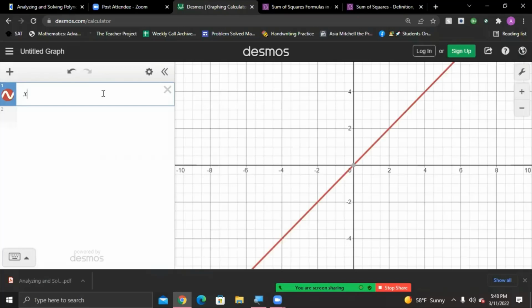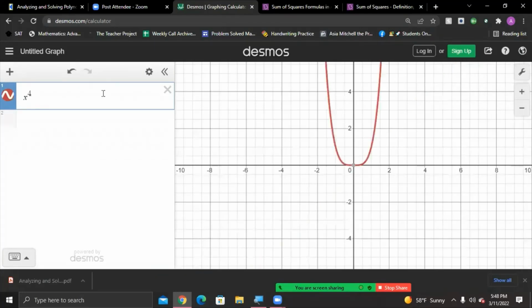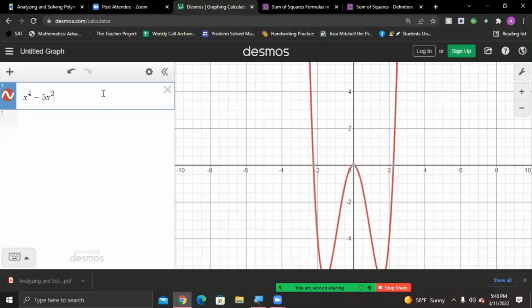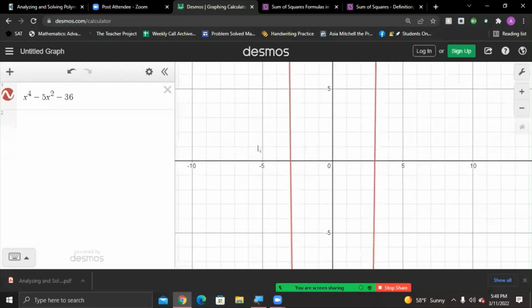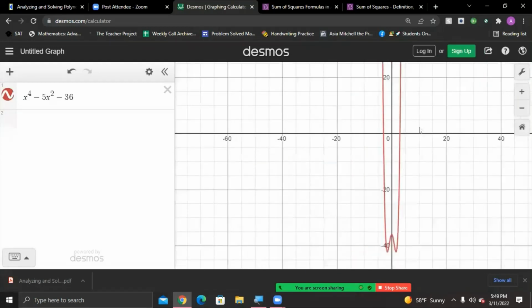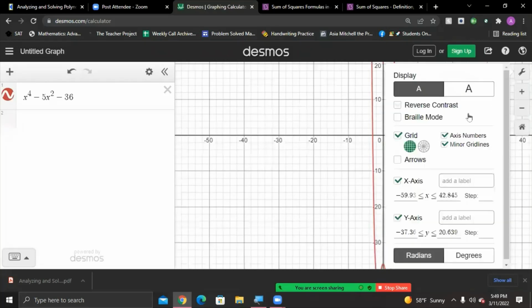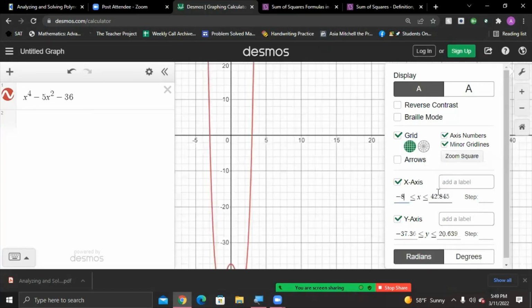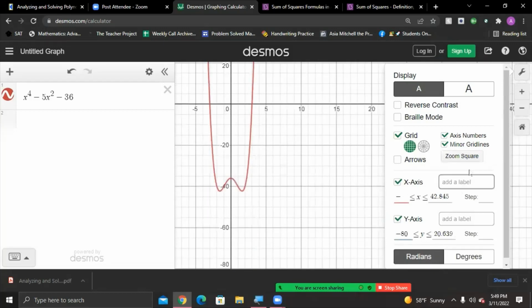Our function was x to the 4th minus 5x squared minus 36. Let's try to get this a little bit more in view for you guys. Let's set y to -80. Oh, that's my x. Okay.